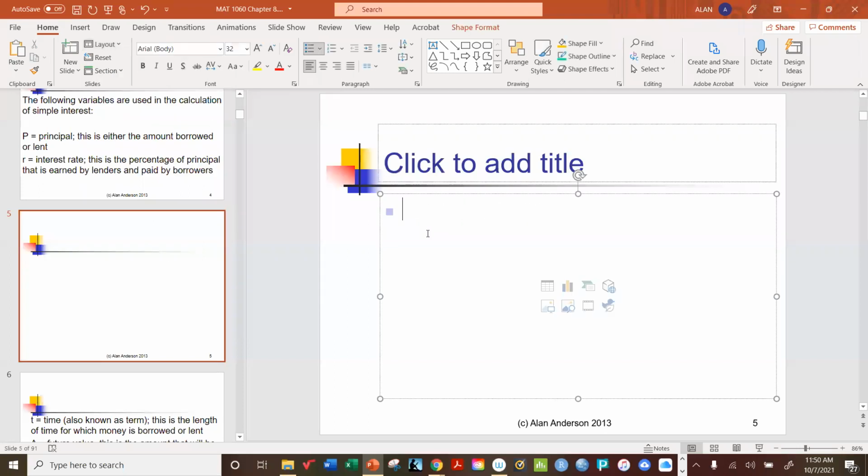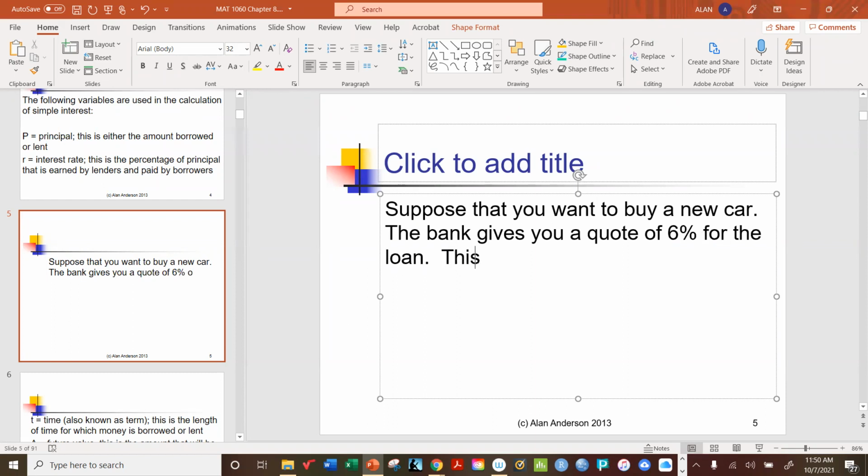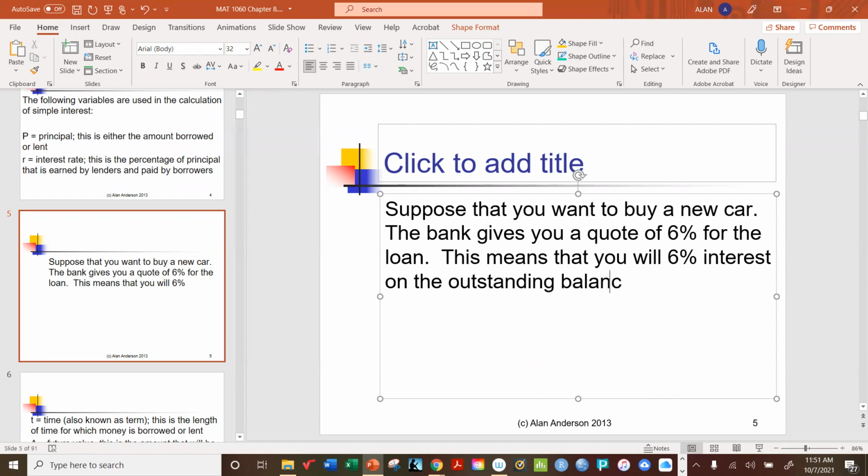Suppose that you want to buy a new car. The bank gives you a quote of 6% for the loan. This means that you will pay 6% interest on the outstanding balance from your loan.